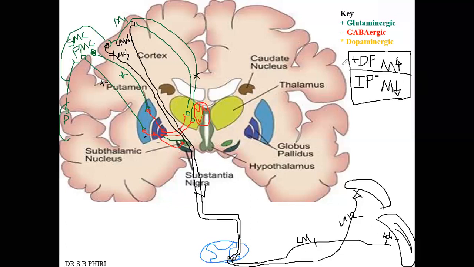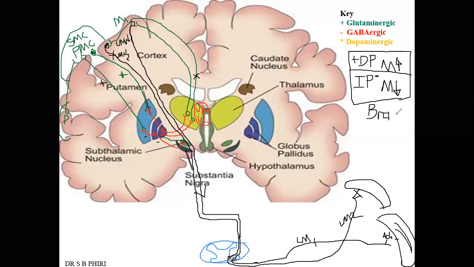So this is involved in modulation. So this is called modulation, because the direct pathway is going to increase movement, but you don't want to overstimulate the direct pathway because you're going to exaggerate the movements. That's where the indirect pathway comes in to provide inhibition of that particular movement. So it's going to work as brakes of the motor system. So this is a braking system of the motor system.